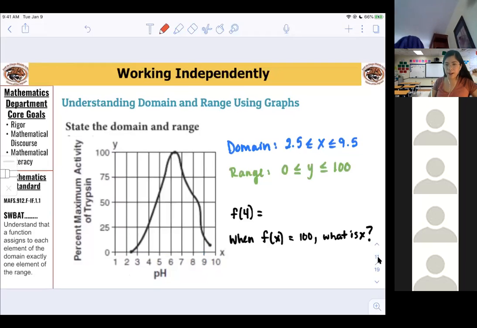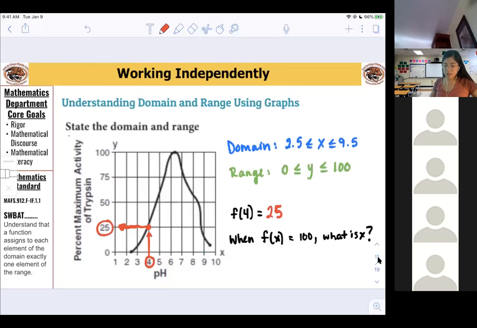Okay, I hear 25. So remember, I'm going to look on my x-axis at the 4. And when I'm at 4, where's the graph? 25, exactly. It's at the 25. So f of 4 equals 25. That's what you're always looking at.